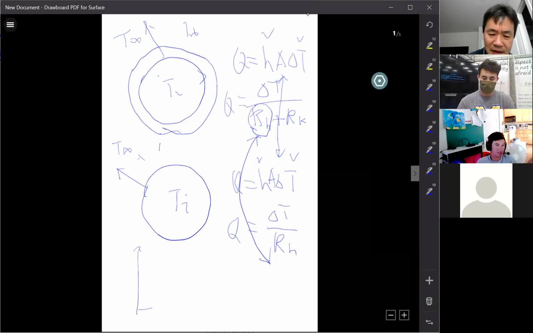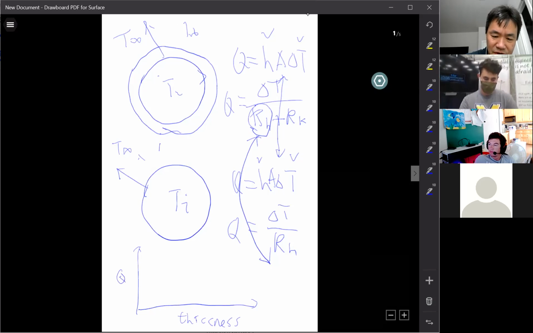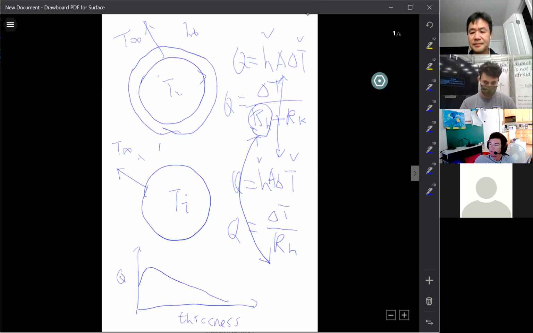This is the thickness, the heat transfer versus the thickness of the insulation. Actually, heat transfer increases, then starts to decrease.